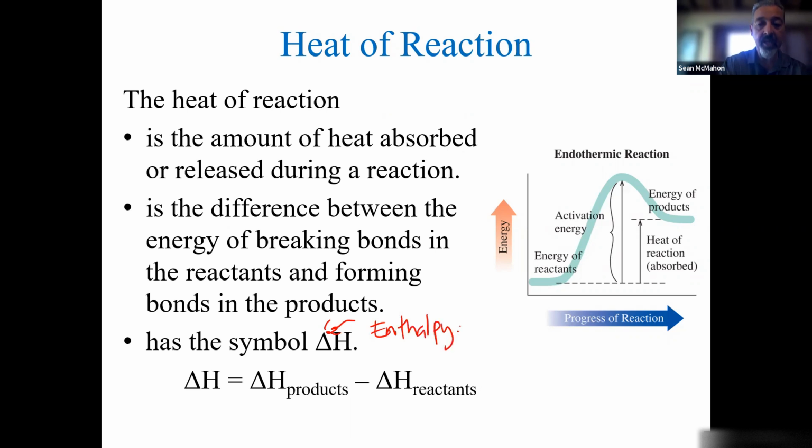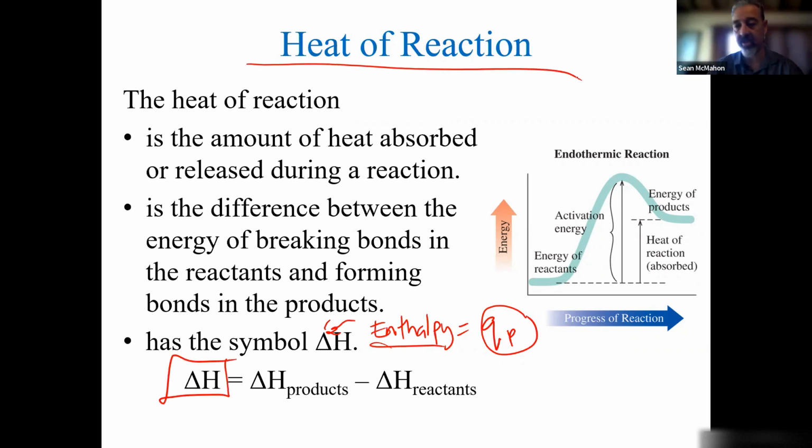And enthalpy is just heat at constant pressure. So a lot of times you see Q subscript P. Heat, we studied heat energy, Q equals mcΔT. When you have a reaction taking place at constant pressure, they just call it enthalpy. And really what this delta H is referred to as is the heat of reaction. And the heat of reaction is the difference between the heat of the products and the heat of the reactants. So it's this difference right here, okay?